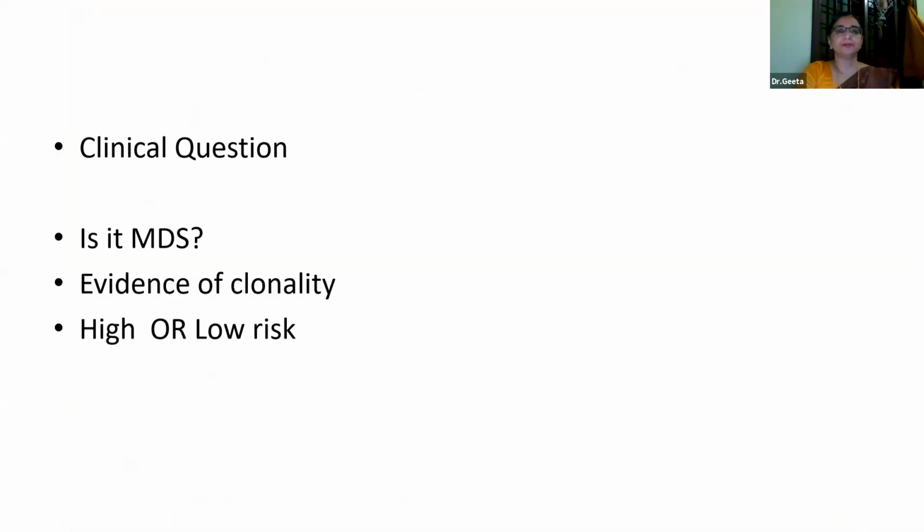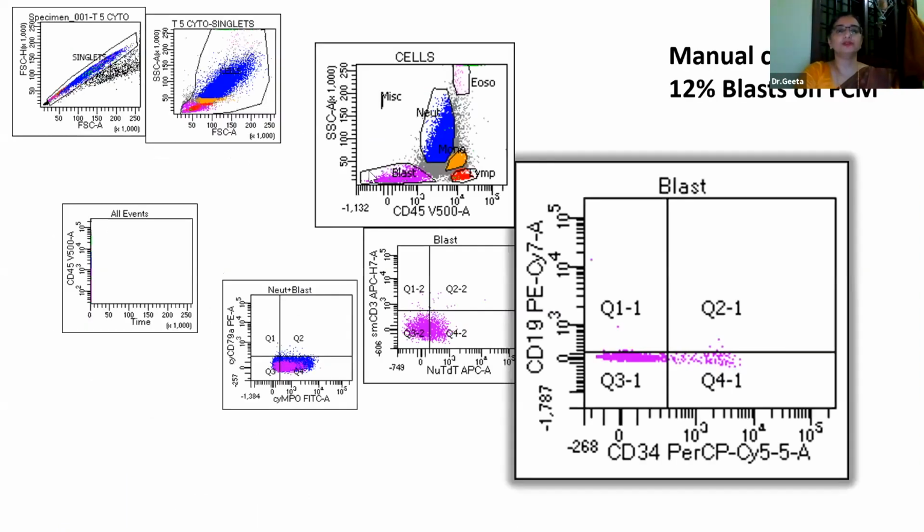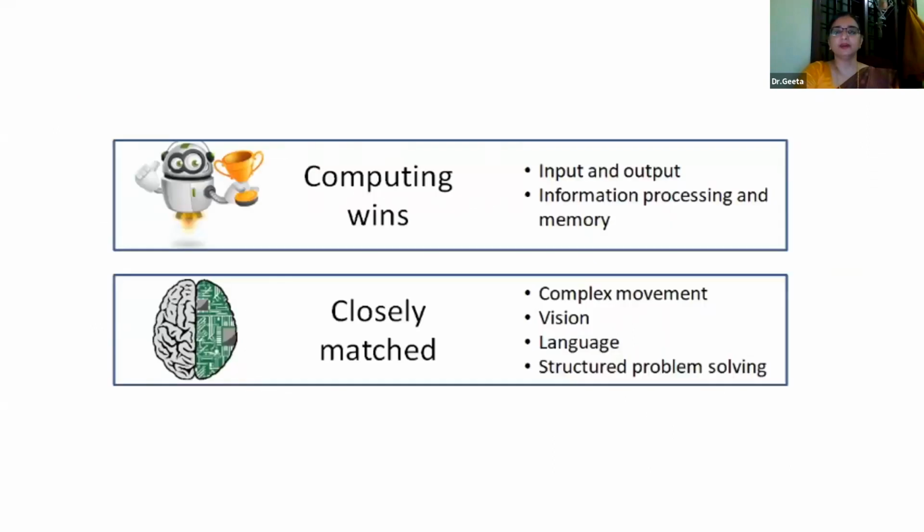So this was the flow plot of this lady who had blasts in the progenitor area and they were CD34 positive. So this was a higher risk category. So therefore, computing could be done better than compared to a manual count.